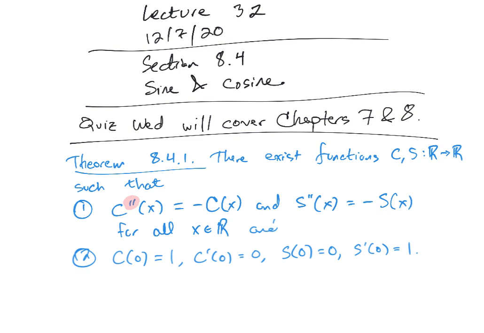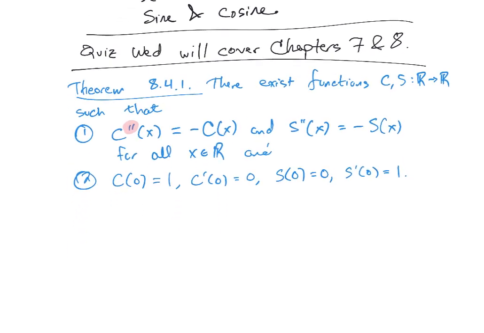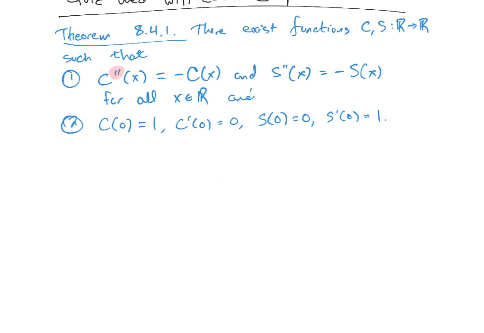Okay. We're not going to put uniqueness in this theorem. That's going to be a later theorem. We're just going to prove existence right now. Everybody clear on what we're trying to do? Now, obviously, if this kind of theorem showed up in a differential equations class, you would just say, well, yeah, sine and cosine do this.